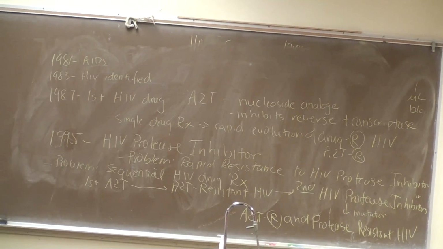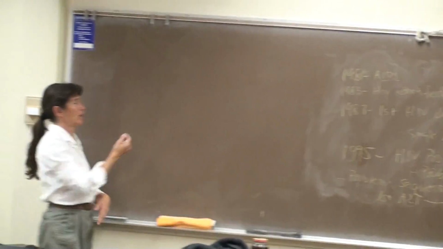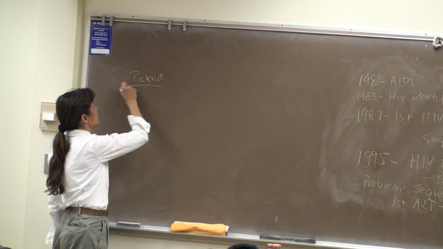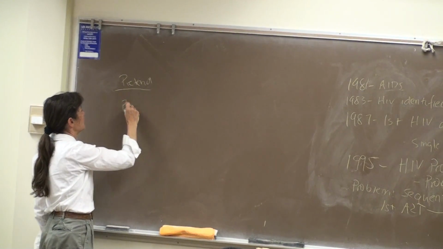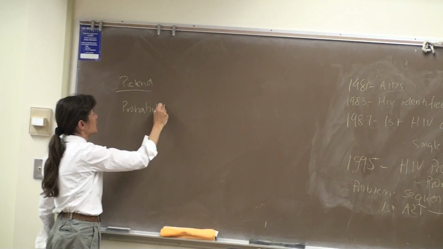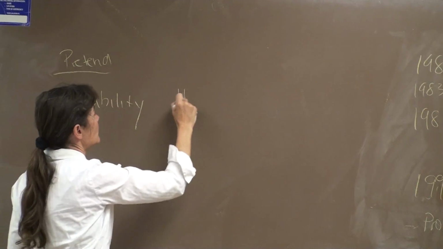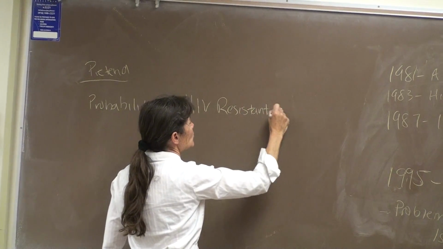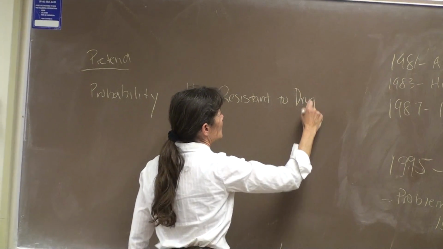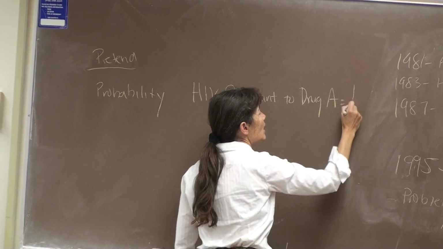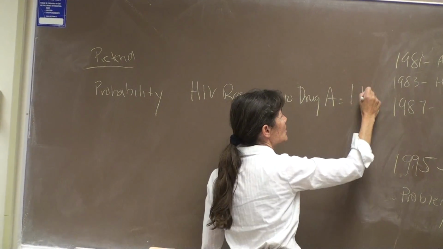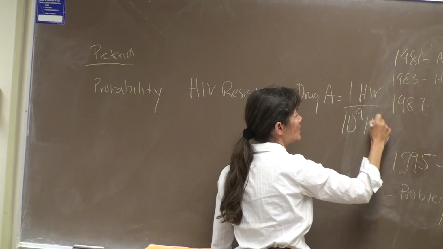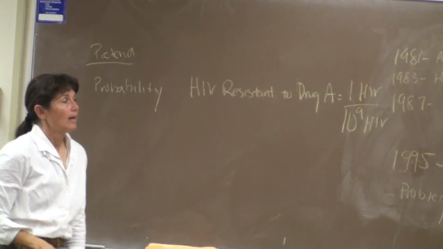And I'm just going to make up a value. So we're going to pretend, let's pretend that the probability of getting an HIV resistant to drug A is one HIV could become resistant, and I'll just make this up, out of every 10 to the 9 HIV that are replicating, okay?